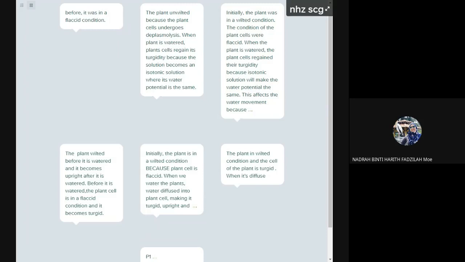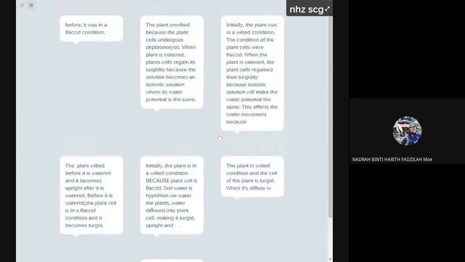Kita boleh kata soil water has become hypotonic towards root cells. Okay, Adrina tanya what word we have to use to describe the soil. We can say soil water is hypotonic towards plant root cell. That is another good point if you want to include. Ya, tak ada masalah.